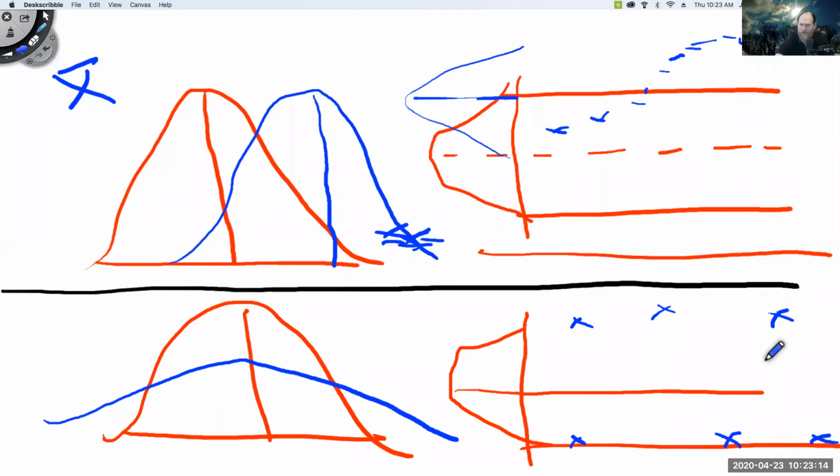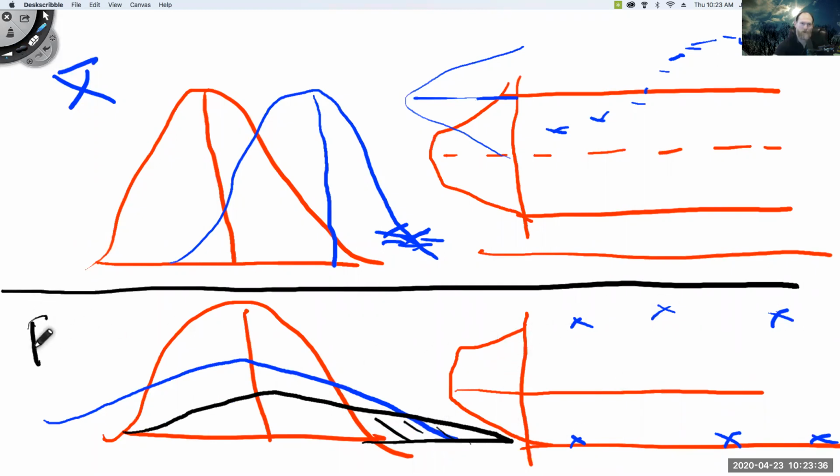It isn't always necessarily on both sides. We could have something like this, where we're inside the range there, but we're farther and farther outside here. Okay. So it isn't always that we're on both sides of the range. We could be outside the range on one tail versus the other.